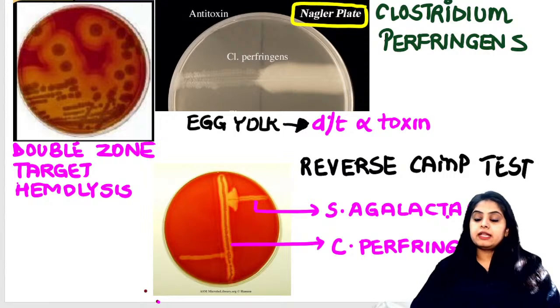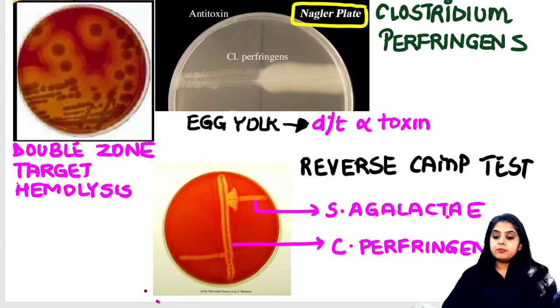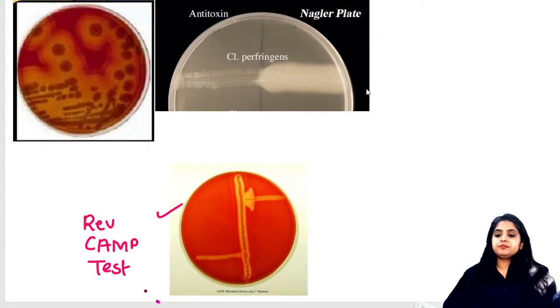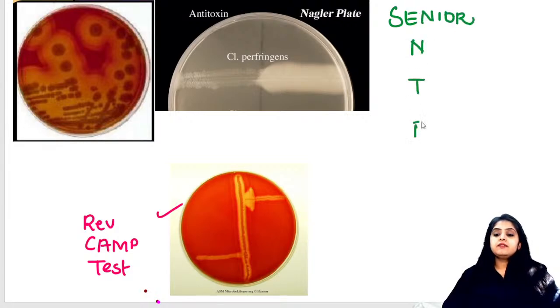Very good. All of you have done that earlier. This is Clostridium perfringens. There's one very famous mnemonic which students always tell me, which you always study for Clostridium perfringens, and that is Senior NTR. Everyone remembers the Senior NTR mnemonic, so we can go ahead and study that also. What is N?